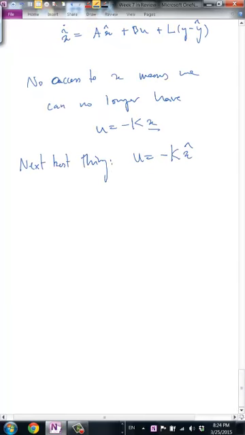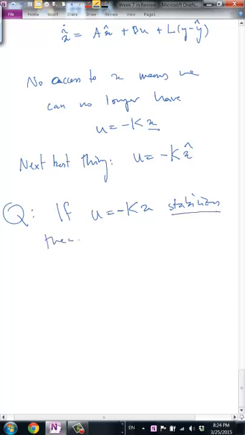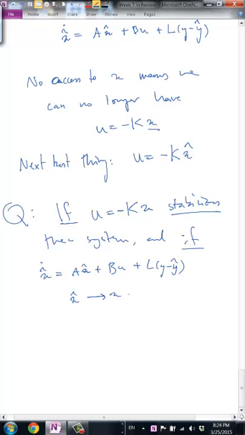So the question is, if U equals minus Kx stabilizes the system, and if X hat dot is equal to A X hat plus BU plus L (Y minus Y hat) is such that X hat converges to X, in other words, X tilde dot is equal to (A minus LC) X tilde is stable.